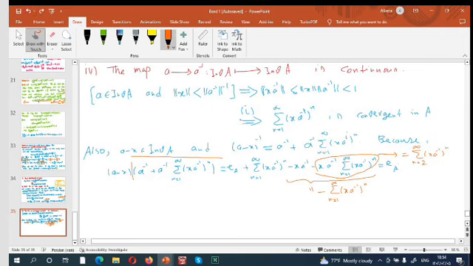This must be the inverse of this, and we prove this equality.